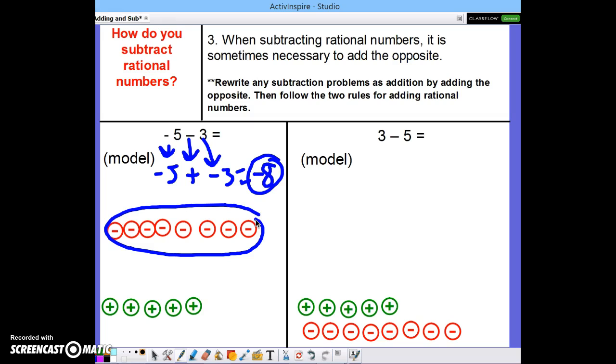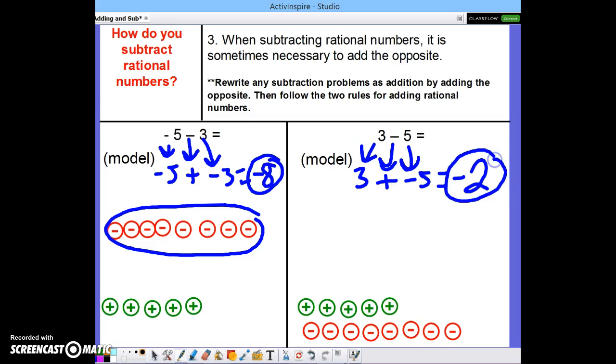3 minus 5. So I have 3 positives, but then it's asking me to take away 5 positives. I don't have enough positives to take away. So instead of subtracting, we're going to add the opposite. So 3 plus a negative 5. I can see that my signs are different. I need to subtract. 5 minus 3 is 2, and there are more negatives, negative 2.